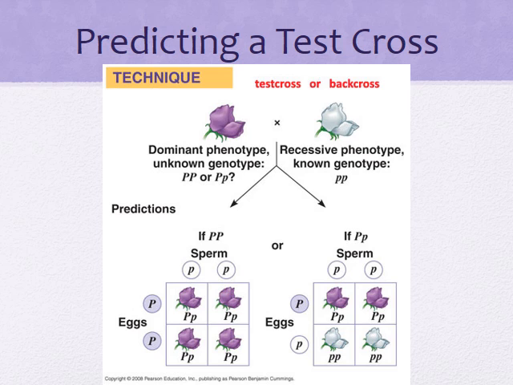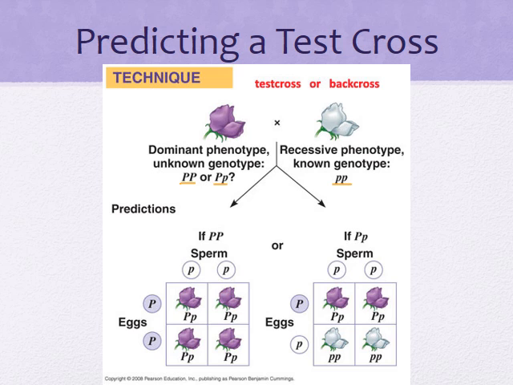If you do the test cross like we're showing here, this illustrates exactly what we're talking about. So if we had our dominant genotype, dominant phenotype here, we want to know if it's either big P or big P little p. So homozygous dominant or heterozygous. The way you do this is you cross it with a purebred recessive, in this case white.